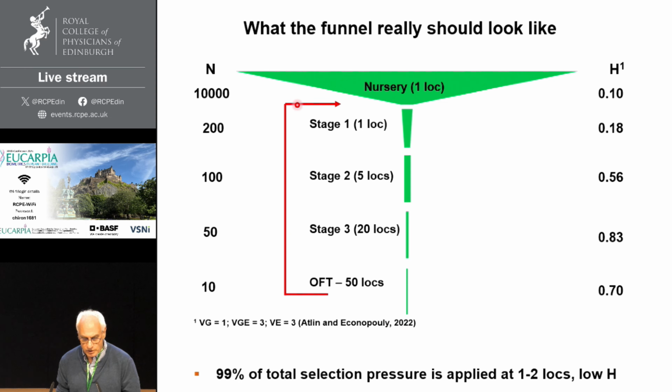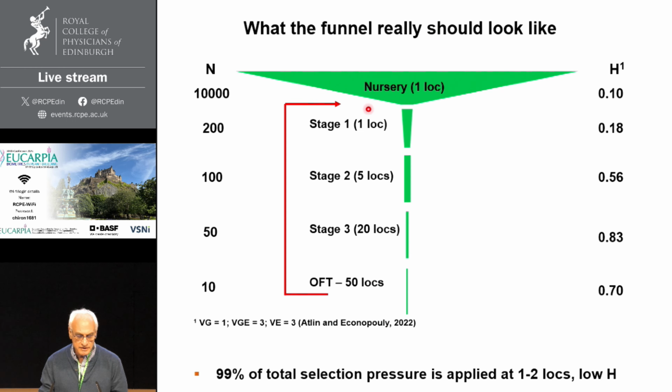Conventional plant breeding programs, the programs that I work with in the CGIAR, will often evaluate something on the order of 10,000 selection candidates in a nursery at very low accuracy. So I'm trying to represent the repeatability here at a single location.